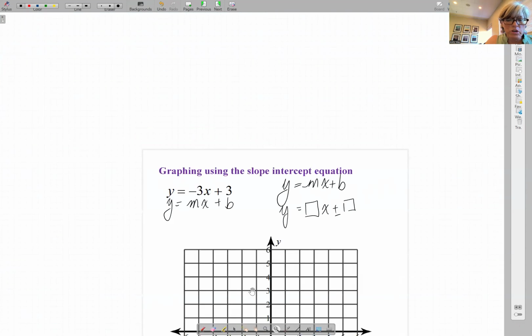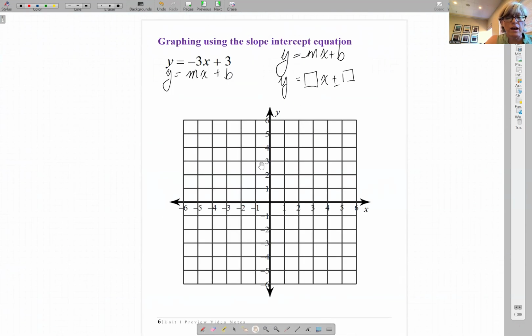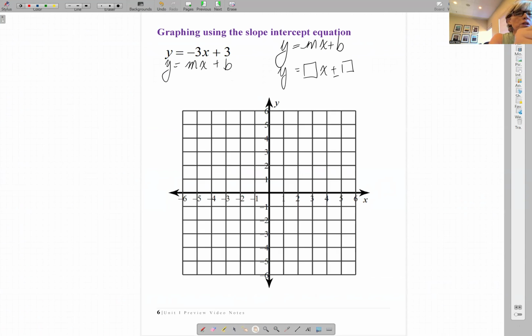So in this equation, you can see we already have it in that form, so we don't need to manipulate it at all. So when you graph, you start with the y-intercept, which is your b.